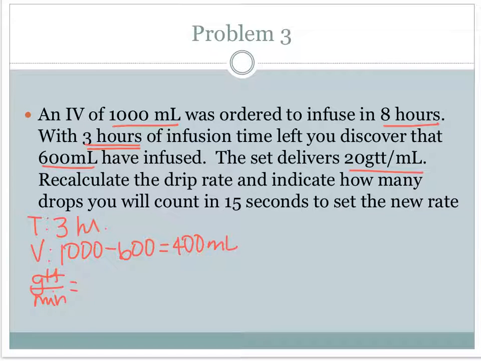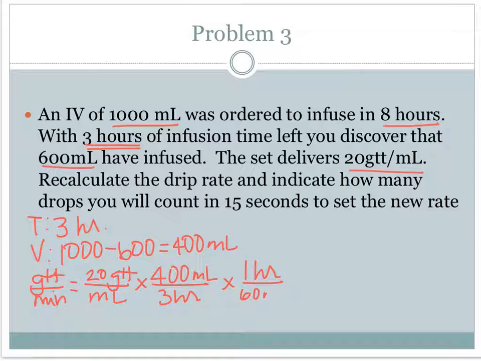Okay, and we know that we have a 20 drop per mil set. We multiply that by the 400 milliliters, our volume to be infused, over 3 hours. Again, we have to convert the hours to minutes, so 1 hour over 60 minutes.